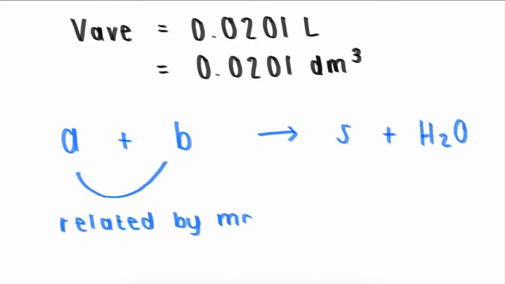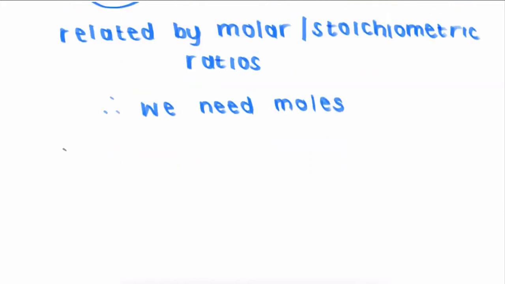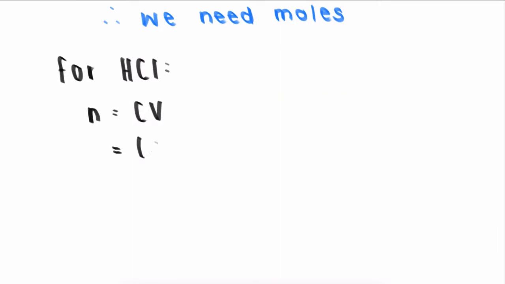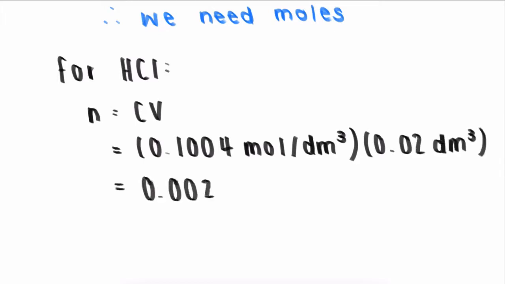So we need to use the volume of the analyte to find moles. For hydrochloric acid, n is equal to CV. We substitute the concentration and the volume that we used, which was 20 ml or 0.02 decimeters cubed, to find a value of 0.002 moles of hydrochloric acid.